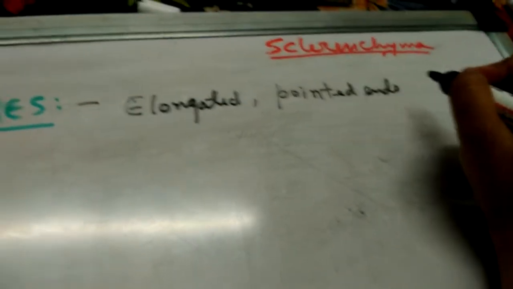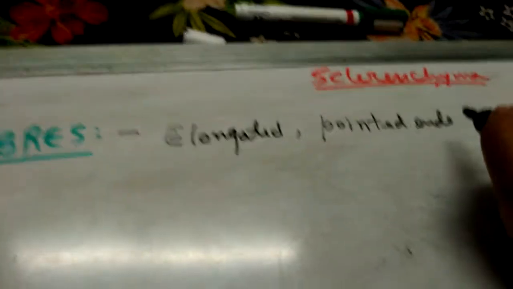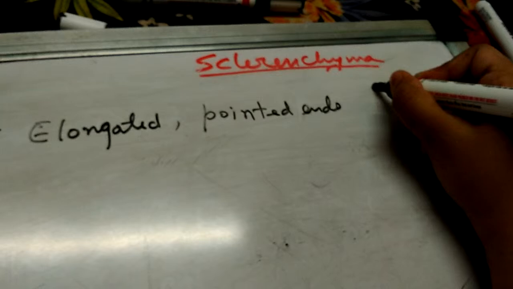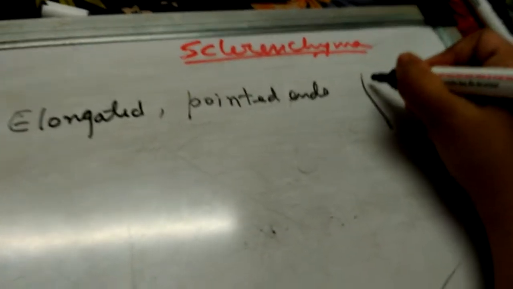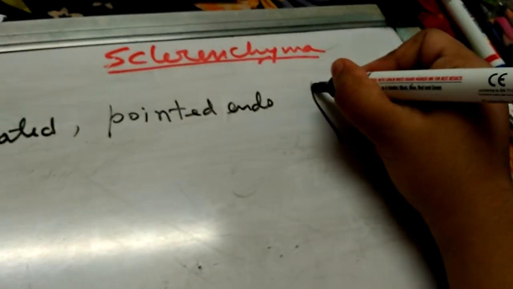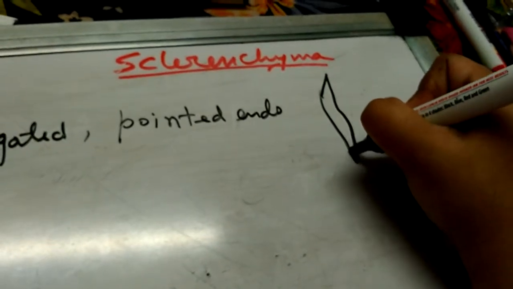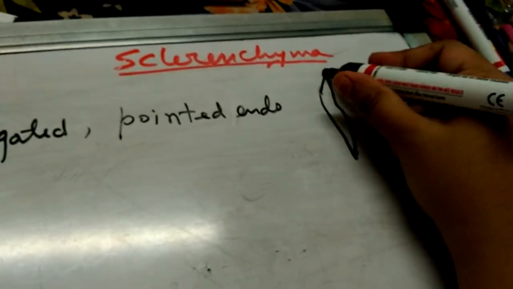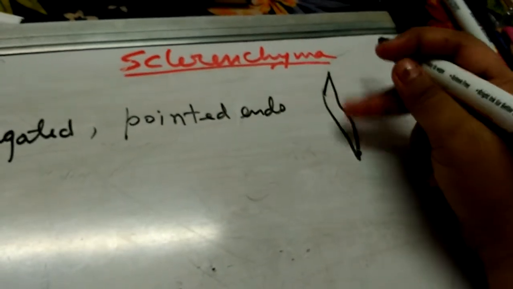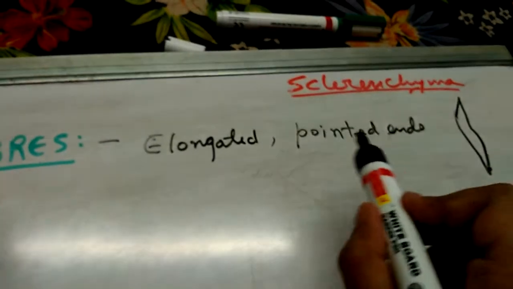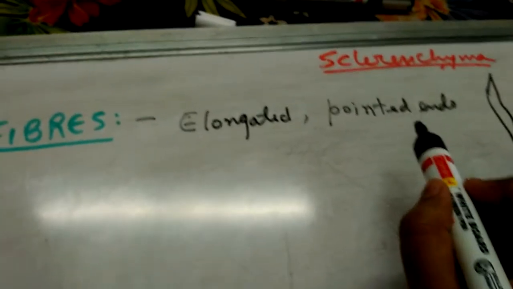So fibers are basically elongated cells with pointed ends, something like this. These are two pointed ends and elongated in nature. So fibers are elongated with pointed ends.